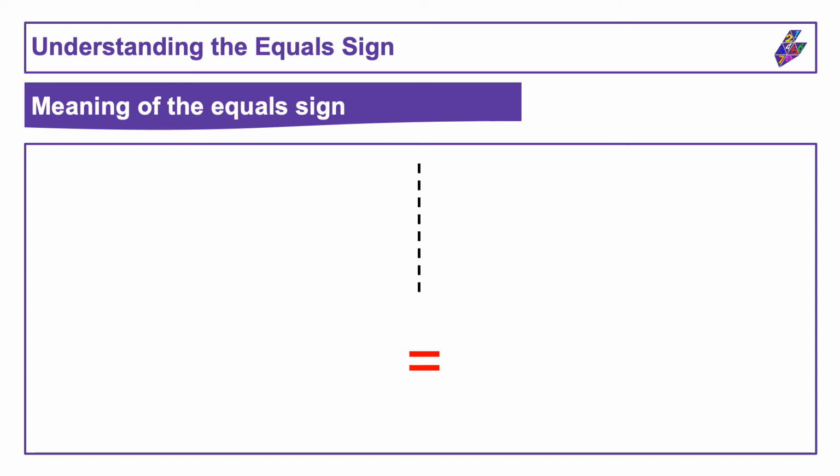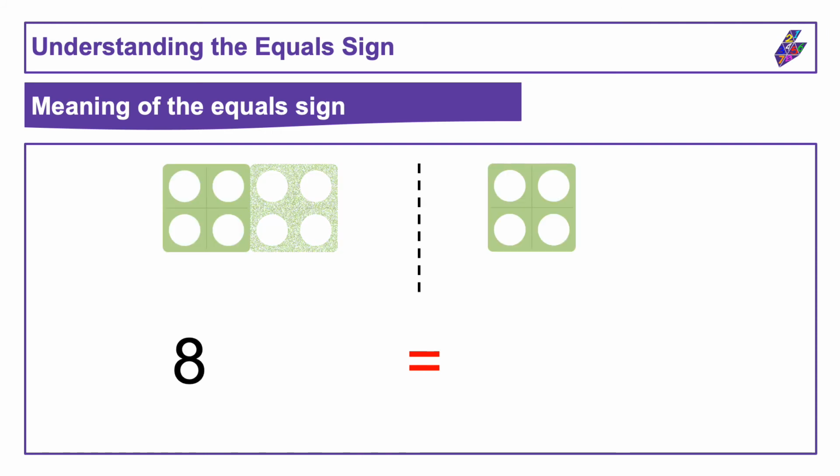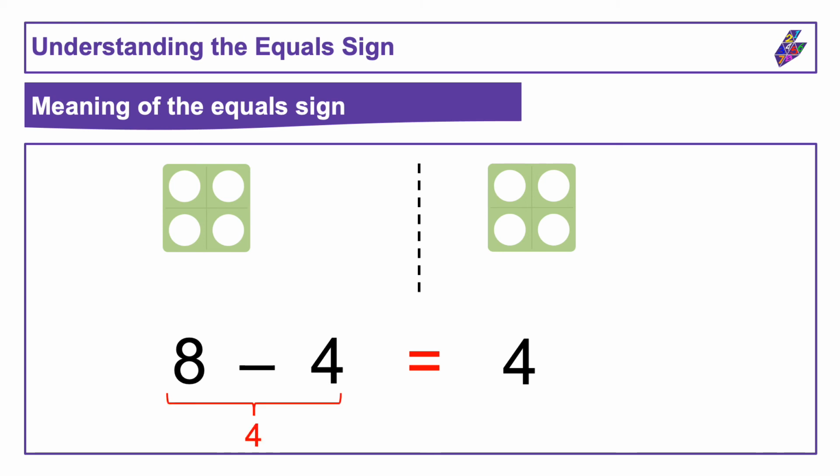If we're thinking about an equation involving subtraction, we could think about it like this: 8 minus 4 is equal to 4. The left side has a value of 4 and the right side has a value of 4. Therefore, they're equal to one another.